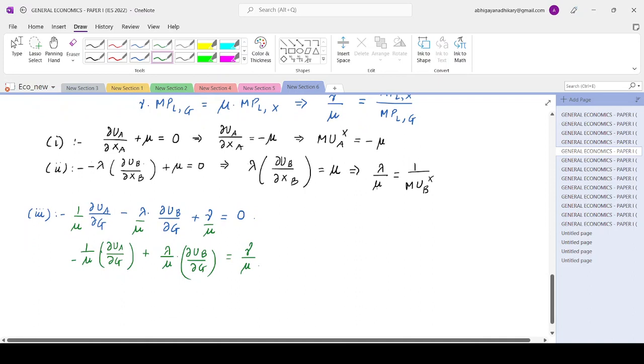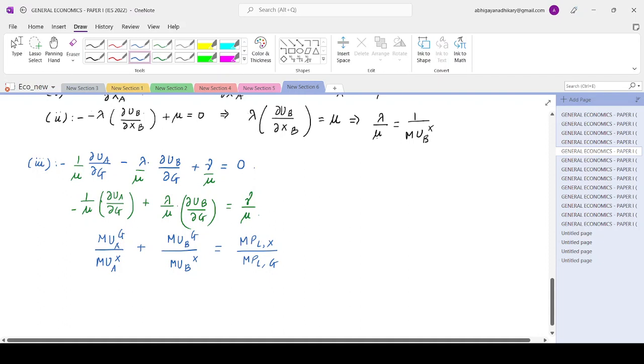Now, del UA by del G is the marginal utility from the public good G, divided by the marginal utility of agent A from private good X. The term in the bracket is the marginal utility of agent B from public good G divided by lambda by mu, which is the marginal utility of B from X. This side is the marginal product of labor in sector X divided by that in sector G. So the first term is the marginal rate of substitution of agent A between goods G and X, plus the marginal rate of substitution of agent B between G and X, equal to this, which we can interpret as the marginal rate of product transformation given our setup. So this is the Pareto optimal criterion for public good.